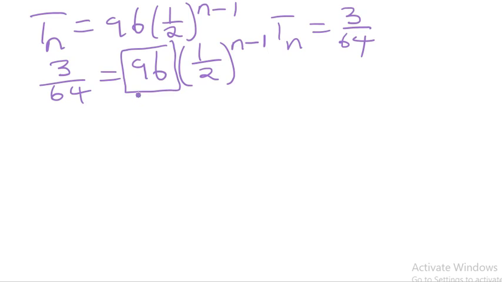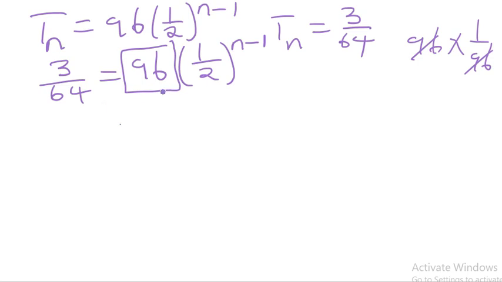Now, how do we get rid of 96? We can multiply by the reciprocal of 96. The reciprocal of 96 will be 1 over 96, so that this cancels and we are left with 1. And when we multiply, what we do on the left, we must also do on the right. Or we can divide by 96.